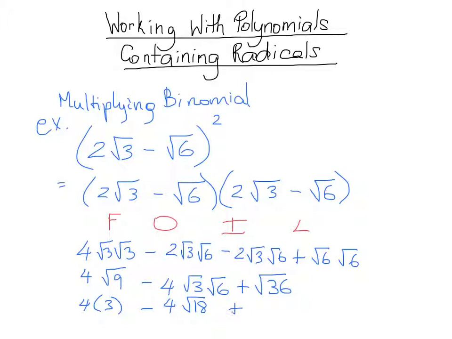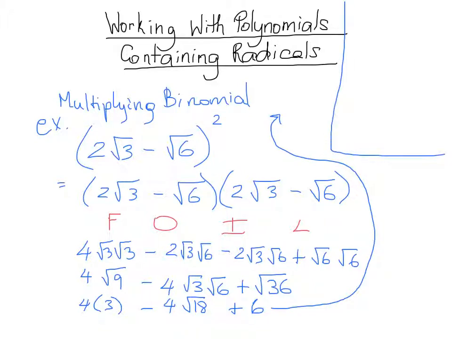Plus, and we also know that the square root of 36 should be 6, clearly. Okay, we're almost there. We need a little more space, so I'm going to take this problem up to this blank space and continue working. 4 times 3 is 12, so we have 12 up here.